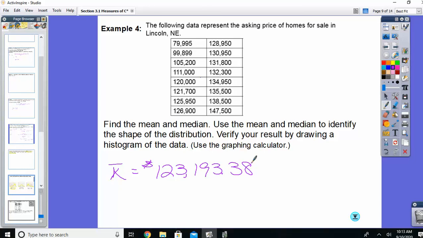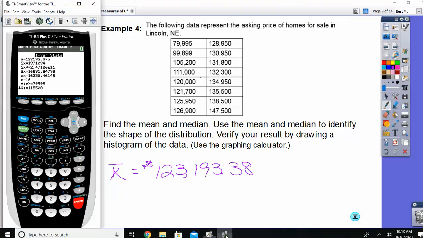Okay, if you keep going down, it gives you a lot of other information that eventually we will talk about, but we're not there yet. If you just hit your down arrow, you keep getting more stuff, and it has MED. That is your median.